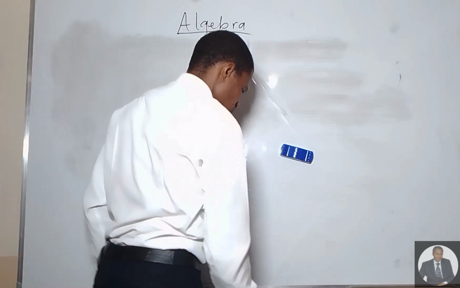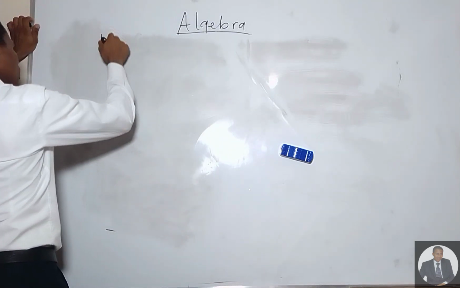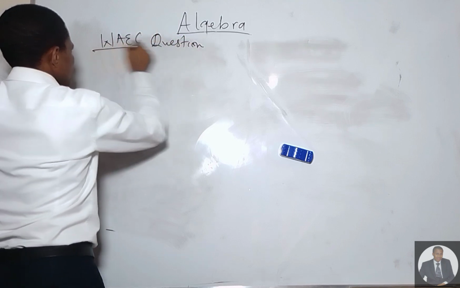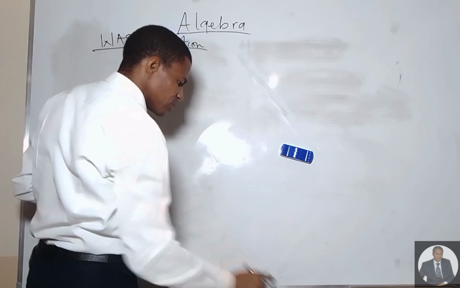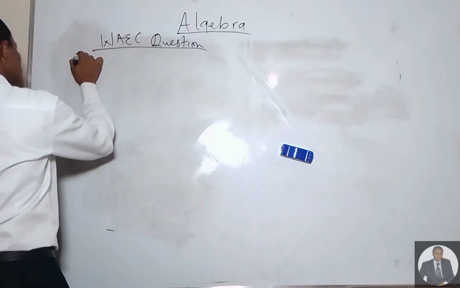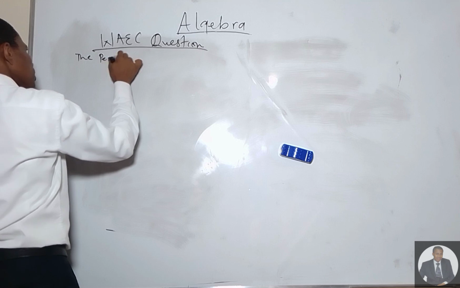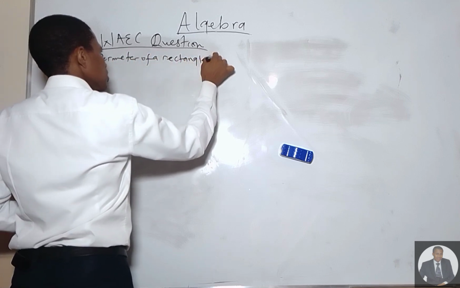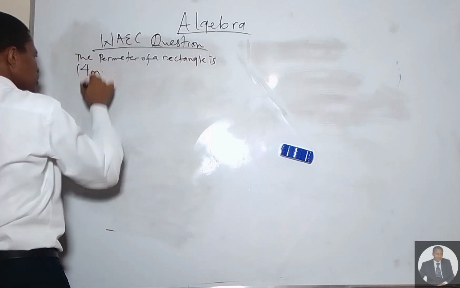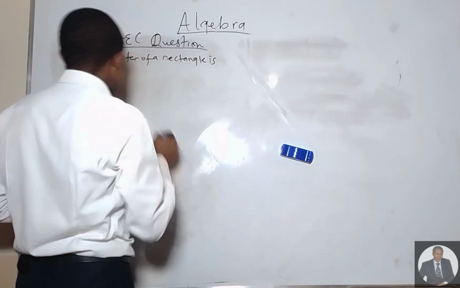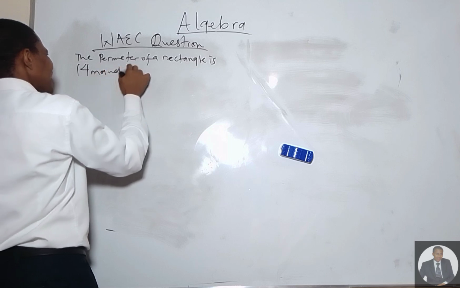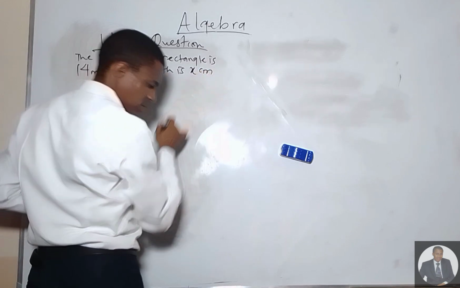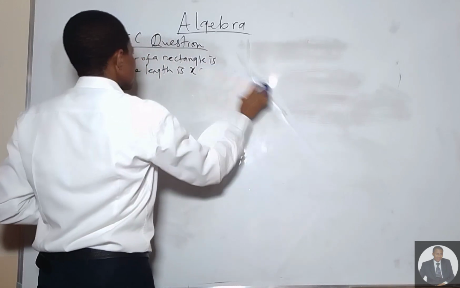Let's look at another WAEC question. The perimeter of a rectangle is 14 meters, and the length is x meters.